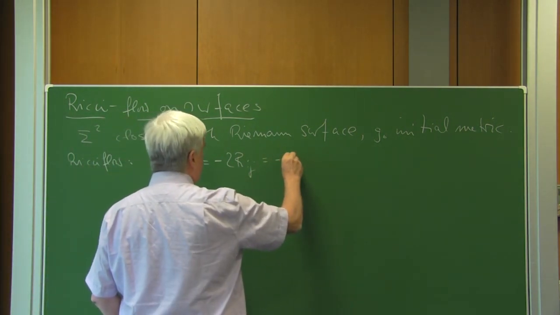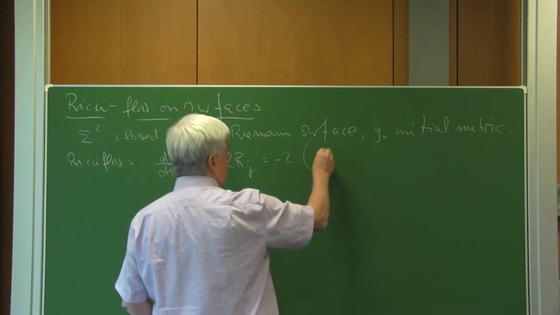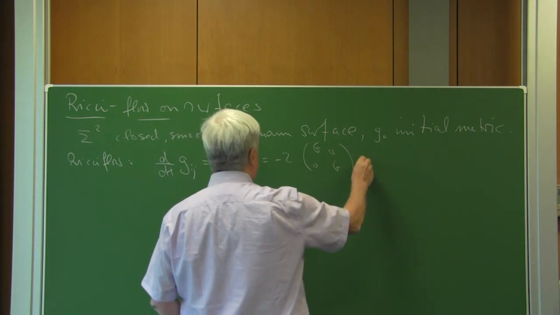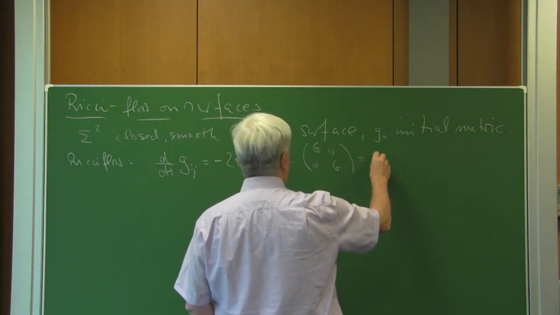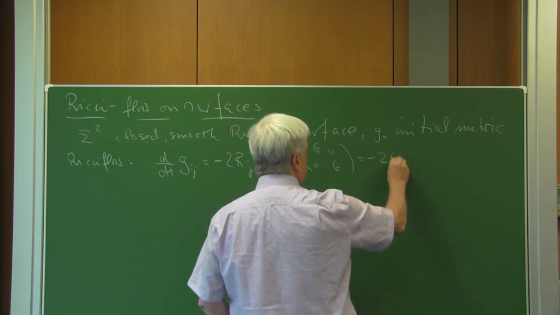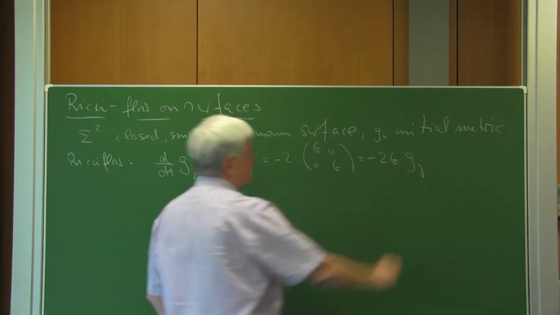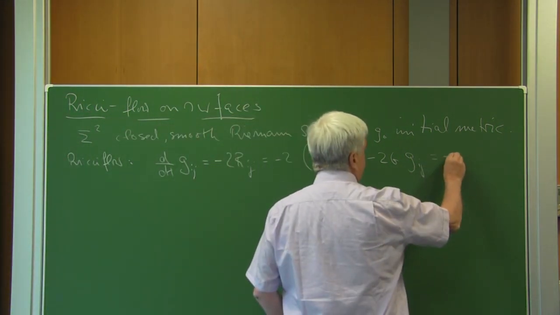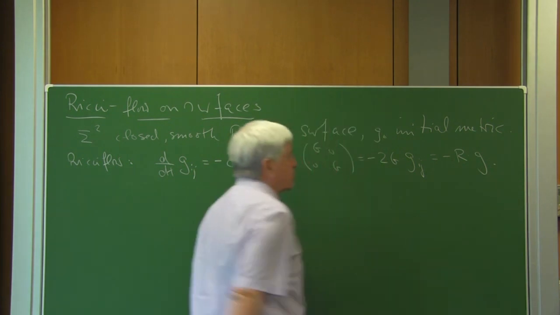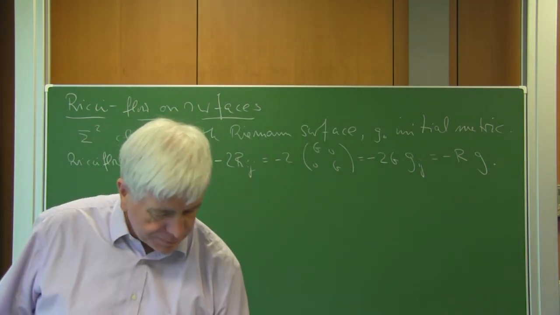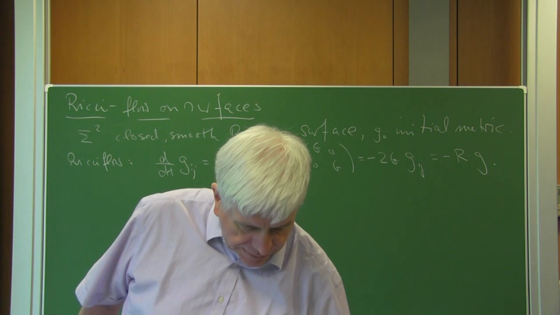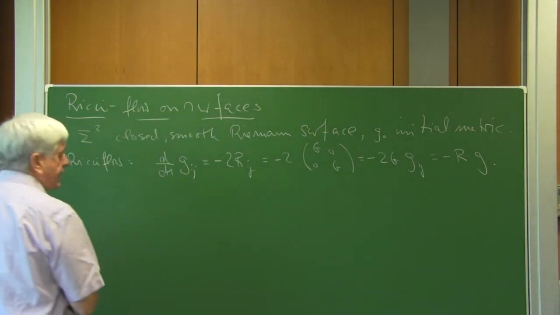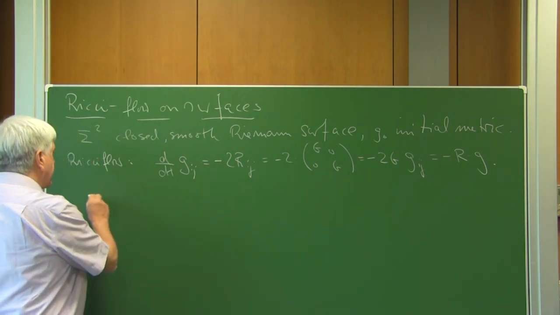So this is minus 2 times K times the metric itself, and 2 times K is the scalar curvature, so we just get minus R times g in this particular case. And of course, this means in particular we remain in the same conformal class, as I said last time.